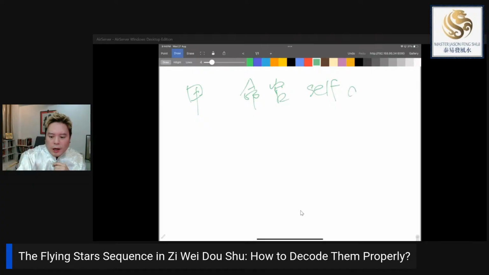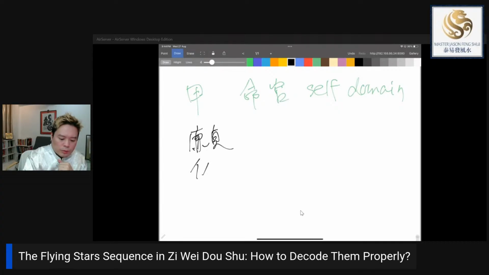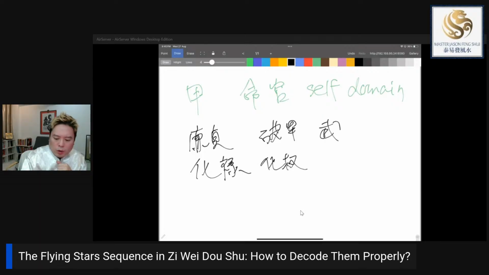You really have to look at the flying star sequence, whereby 廉贞 will be having 化禄, whereas 破军 will be having 化权, whereas 武曲 will see 化科.